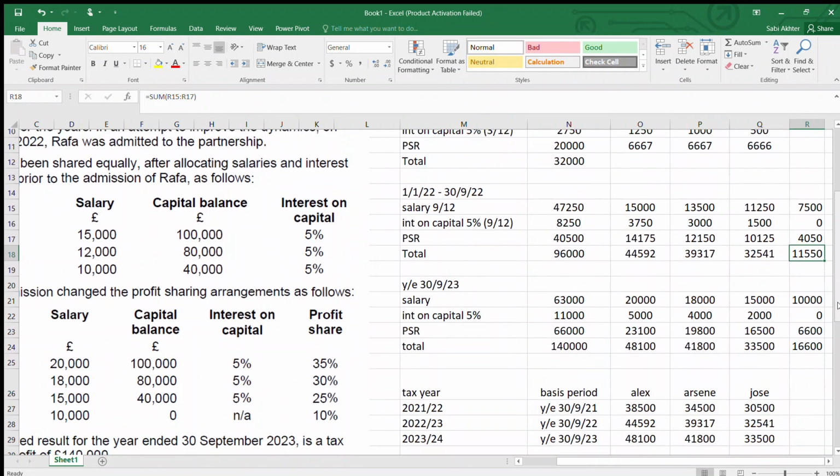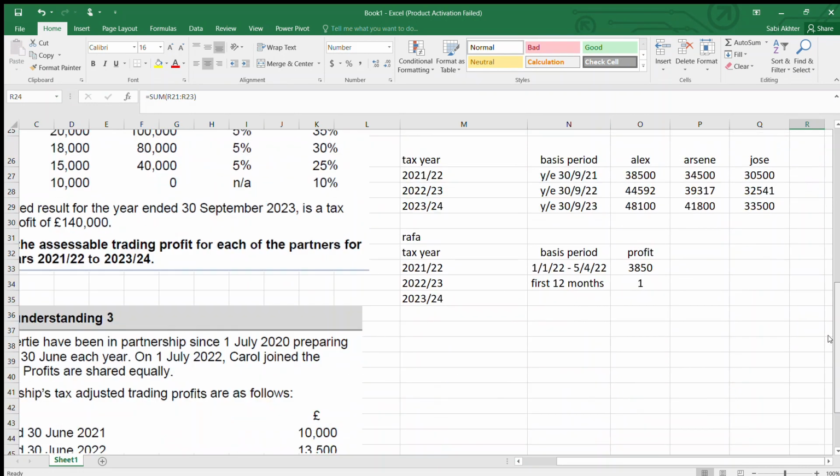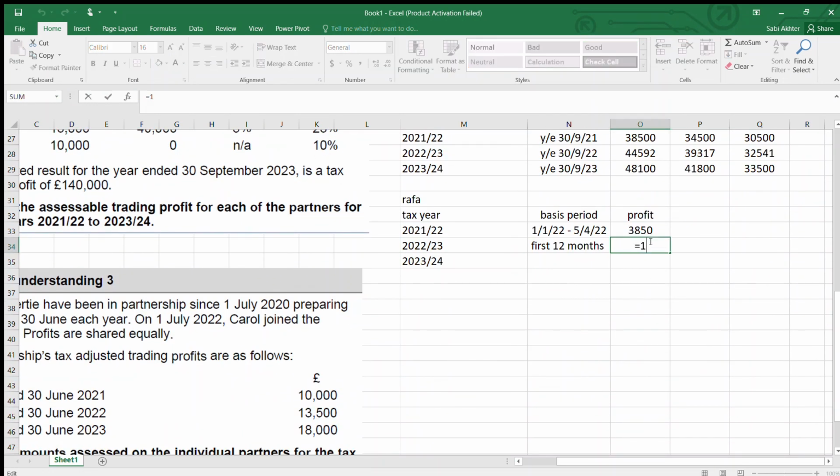You will take 3 months of this, plus 16,600 into 3 months, 15,700.